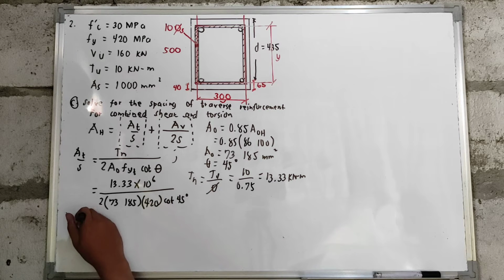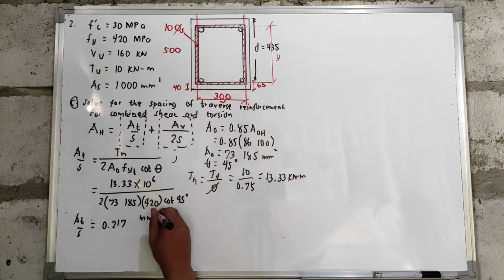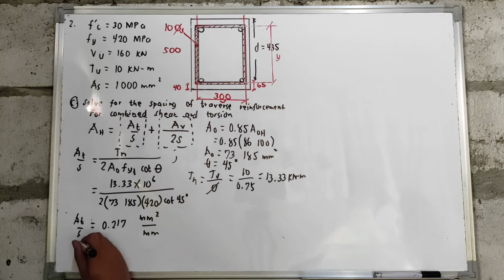So the value of your AT over S is now equal to 0.217 mm squared per millimeter. After we compute for the value of your AT over S, let's compute naman for the value of your AV over S. So sir, paano po natin kinukuha yung AV over S?